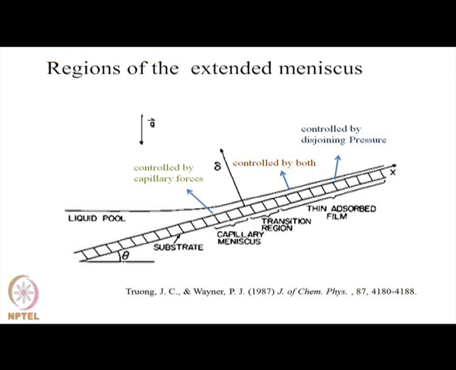So, this picture is about the extension of a liquid film ahead of a liquid pool when an inclined plate is immersed into it. The liquid moves ahead of the liquid pool, since it is a wetting liquid, and forms these three distinct regions.